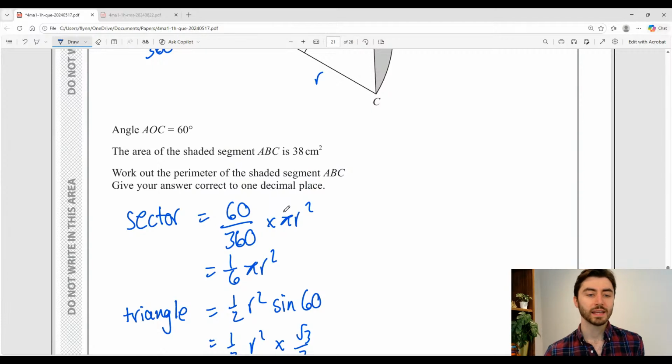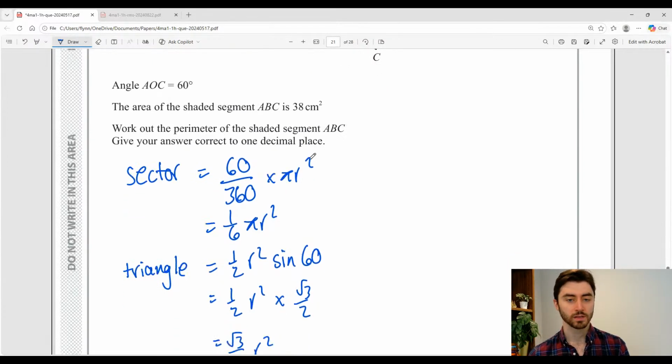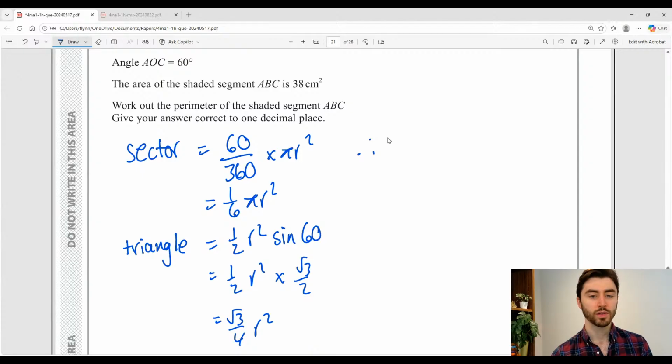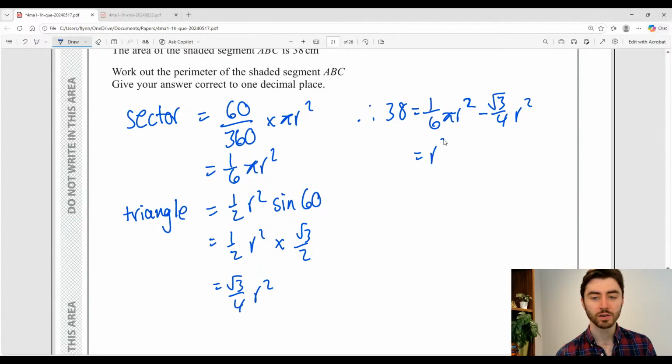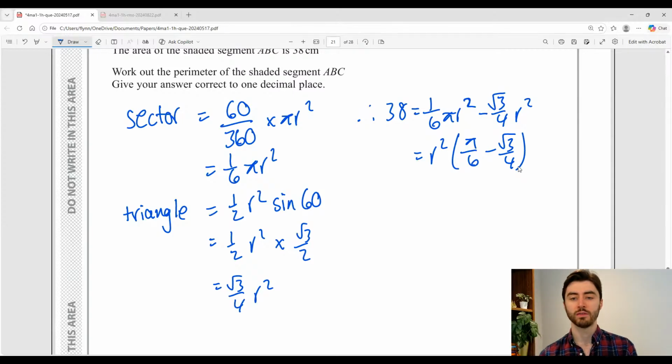So what they're telling me is that the area of the shaded segment is 38. So therefore, 38 is equal to the area of the sector minus the area of the triangle. And from this, I can factorize out an R squared and work out the value of the radius.